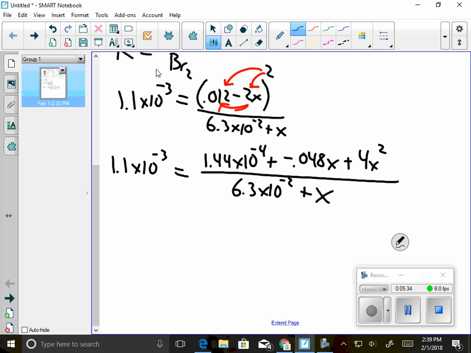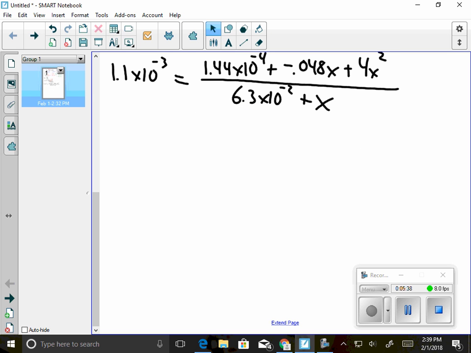The next step in order to solve this is to get rid of the denominator. Multiply both sides by 6.3 times 10 to the negative second plus x, so I don't have to worry about things at the top and the bottom. Again, I'd help out with that.